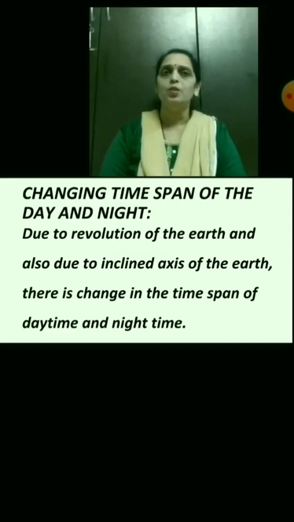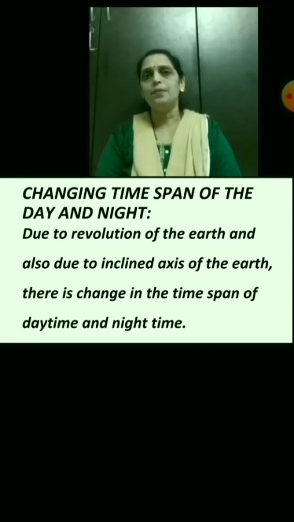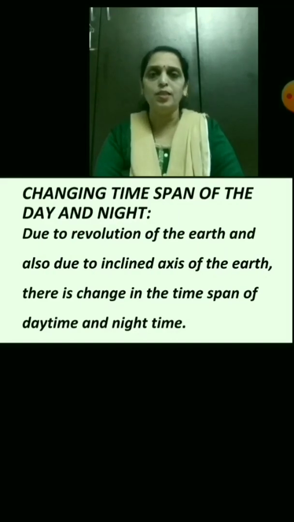Students, you know that the length of the day and night is not always equal. This happens because of the earth's inclined axis and its revolution around the sun. Now, inclined means having a slope. Did you understand?